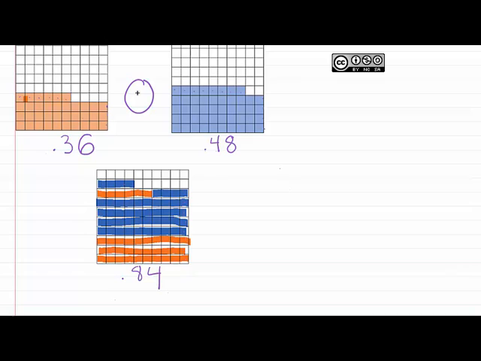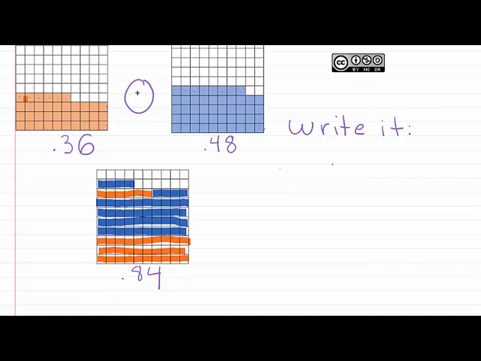Okay, so now I have shown you how to draw a picture of adding decimals. Next, I'm going to show you how to write it the way we normally do in math. So we're going to set this problem up somewhat similar to how we set up our problems when we were adding whole numbers.